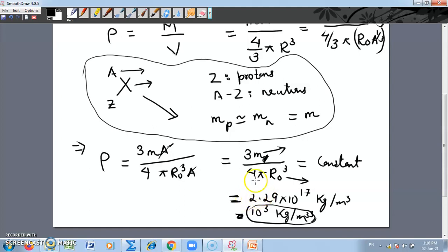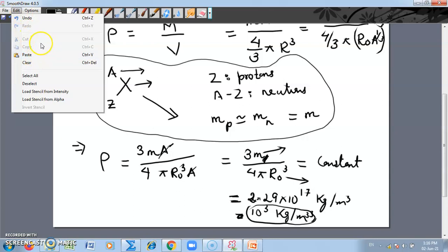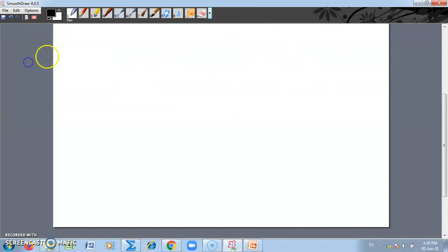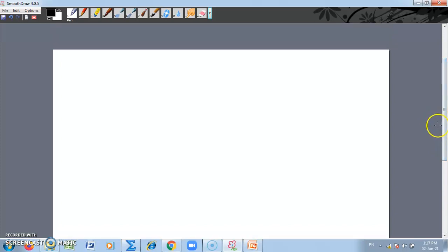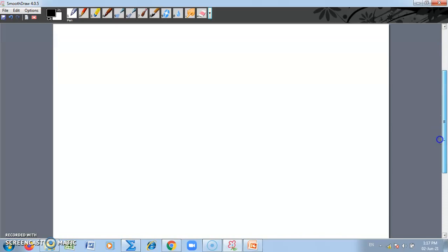So it's not heavy, it's extremely dense, I'm sorry. So it's very dense. So nuclear density, first of all, is constant. Secondly, it's very dense. Again, that is one thing.